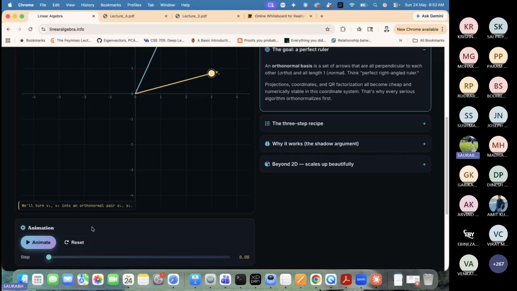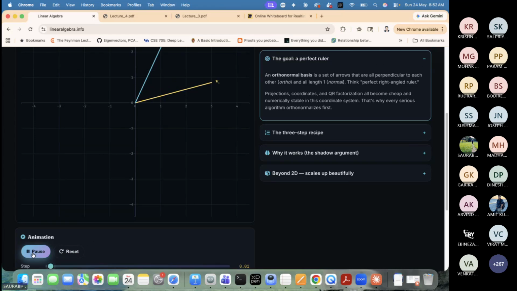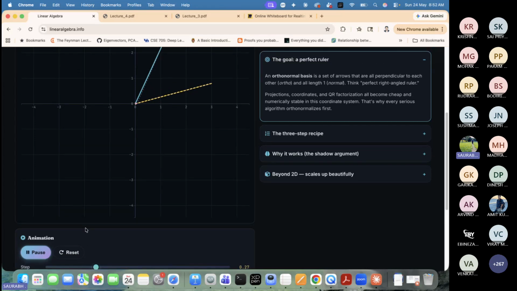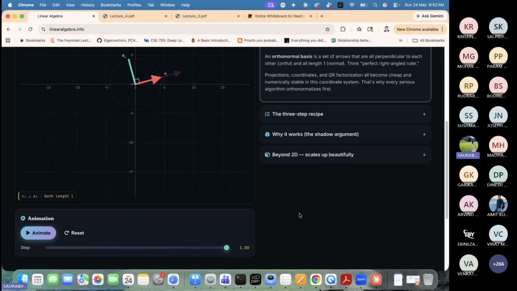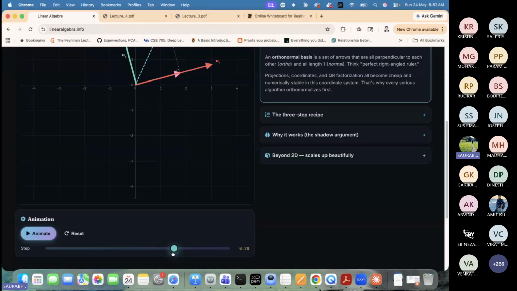Simply speaking, what you essentially did: you first took the projection, then took it from origin, or basically just to visualize, we are showing you E1 and E2, which are perpendicular to each other. But if you look from this point of view, this is the first part.